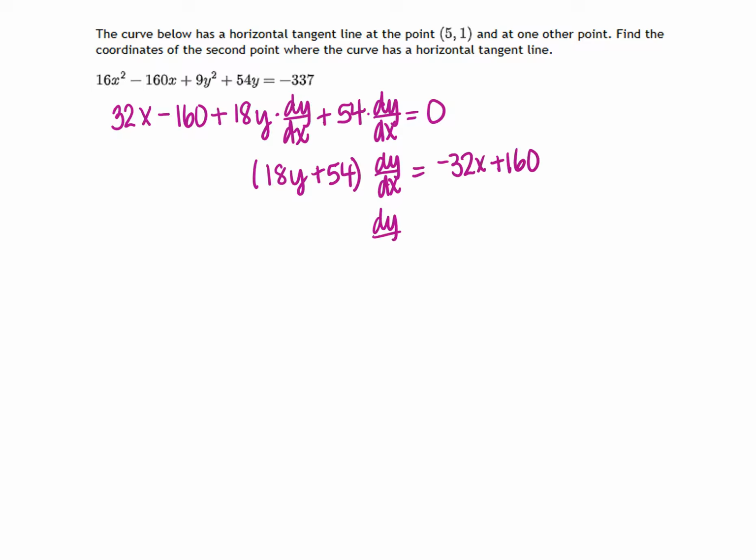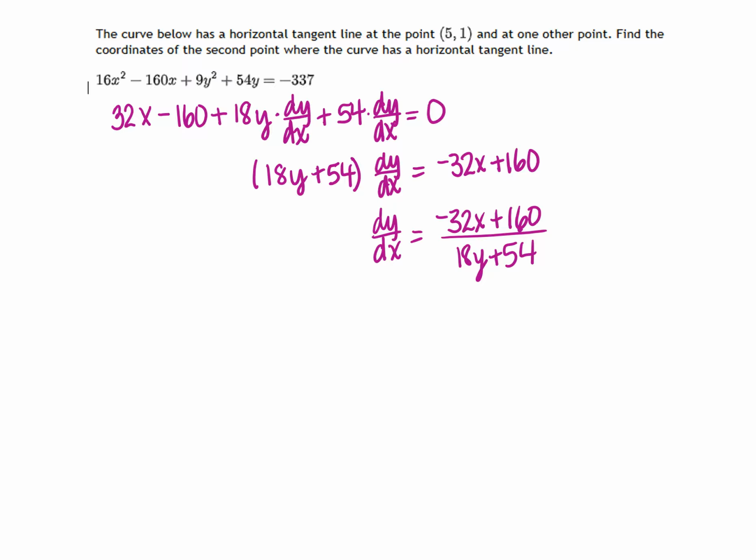And now we have a derivative of y with respect to x when we divide both sides by 18y plus 54. So that was step 1, to find the derivative.